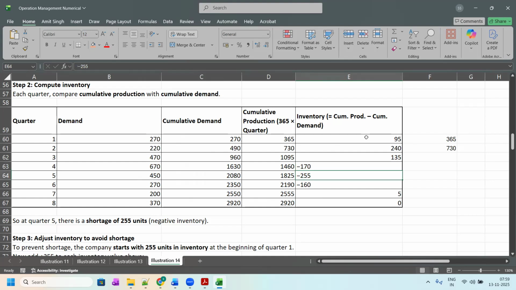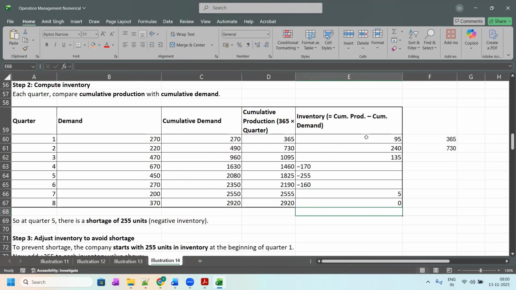For each quarter, you will calculate the change in inventory. The change in inventory would be your cumulative production minus your cumulative demand. Cumulative demand is given already in the problem. Cumulative production you got by multiplying 365 with your quarter. Why 365?